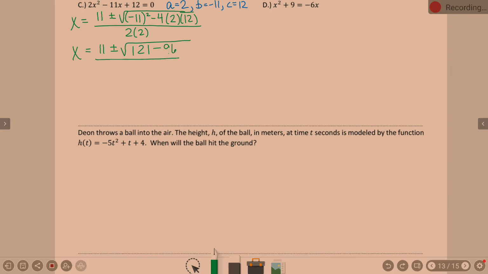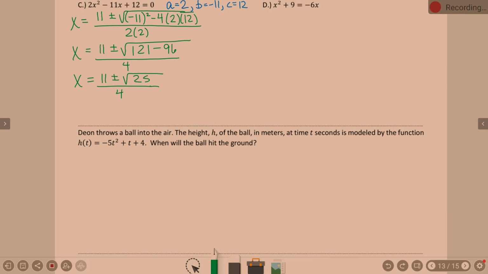All over 2 times 2, which is 4. So I'm at 11 plus or minus the square root of 121 minus 96. Is that 25? Yes. Nice. So 11 plus or minus the square root of 25 all over 4.